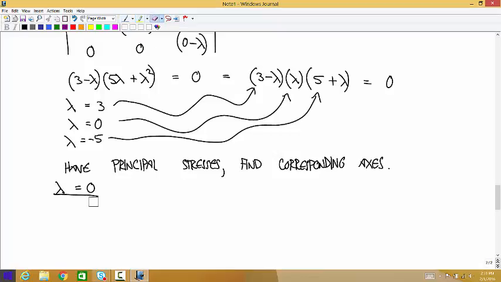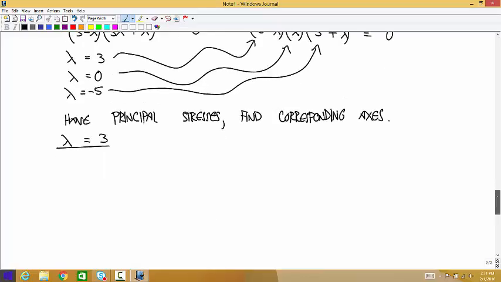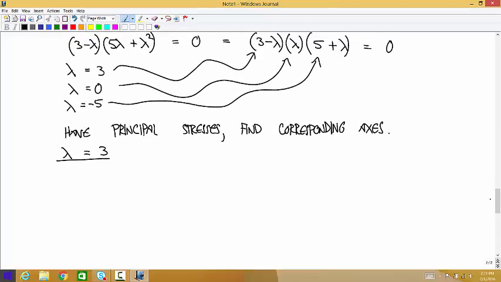Well, let me just go in order. So lambda equal to 3. And we're going to find the axis corresponding to lambda equals 3.